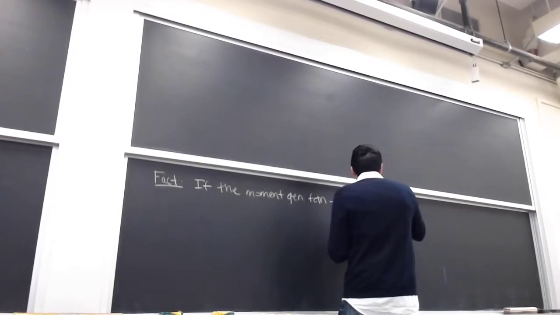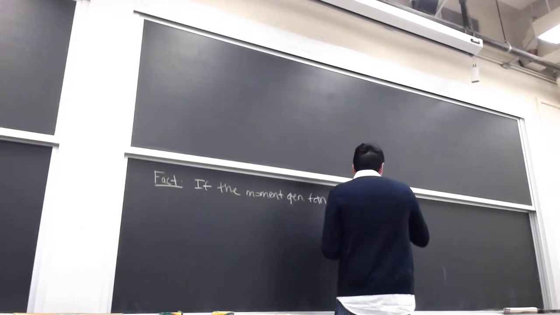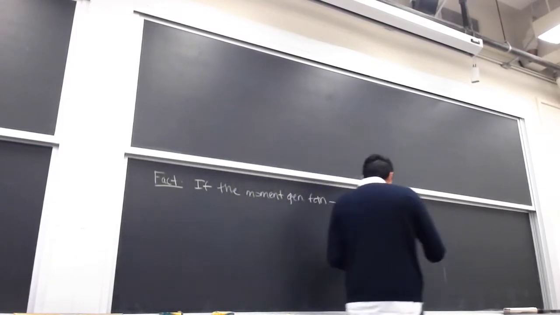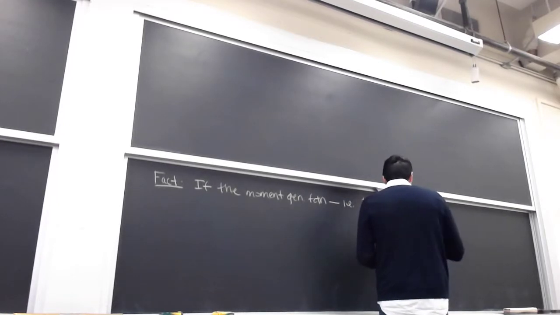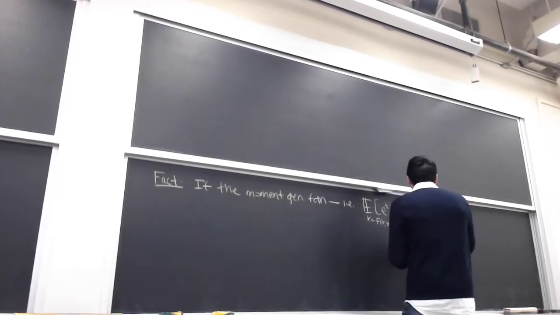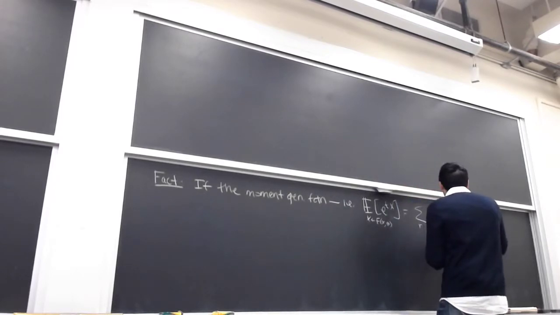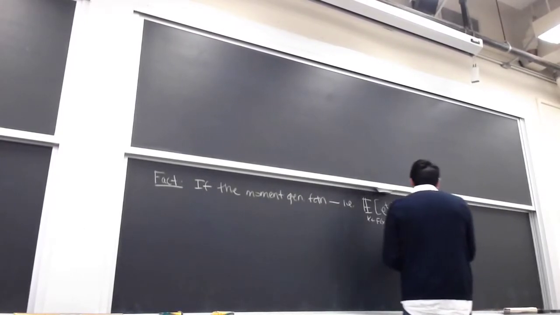If you take the expectation of e to the t x, where x comes from your underlying distribution, then the way that you can write this out is as a sum over r of the expectation, x sampled from f of x theta, of x to the r, times t to the r over r factorial.